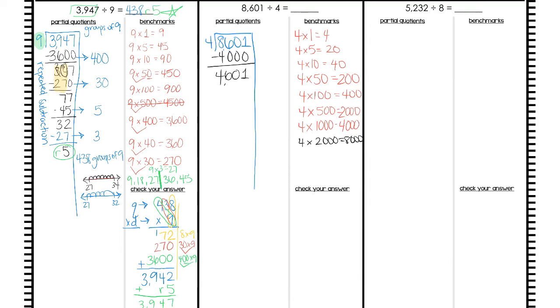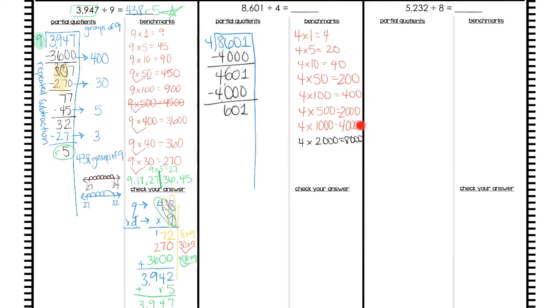Super. Now, let's look at our benchmarks again. We have 4,601. What's the largest amount I can take away? Largest amount I can take away again is 4,000. So we're going to take away 4,000. Go ahead and subtract that. 1, 0, 6, and nothing. 601. What's the largest amount that I can take away from 601?